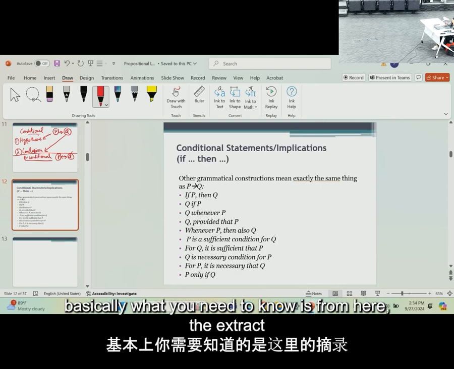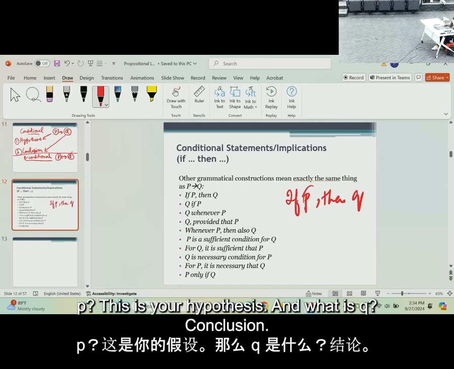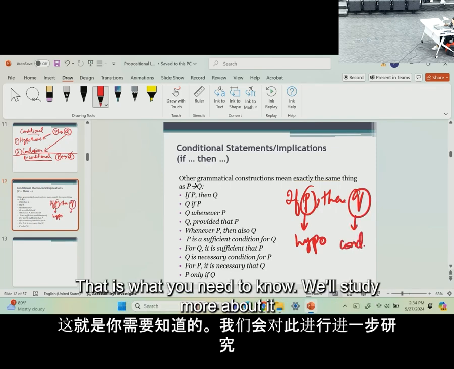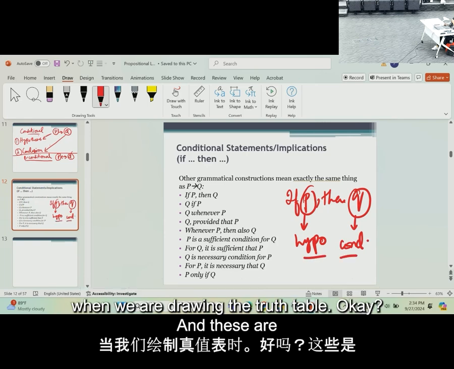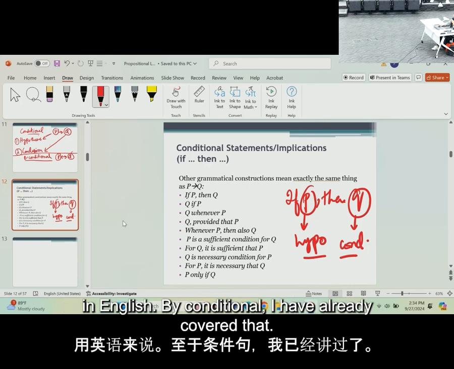But basically what you need to know is: if P, then Q. And what is P? This is your hypothesis. And what is Q? The conclusion. That is what you need to know. We'll study more about it when we are drawing the truth table. And these are simply different ways of writing the conditional statements in English.